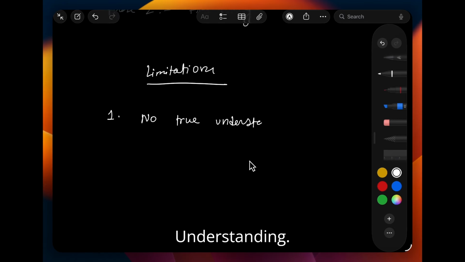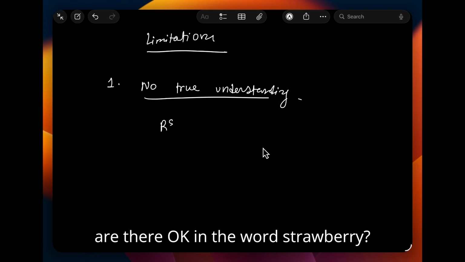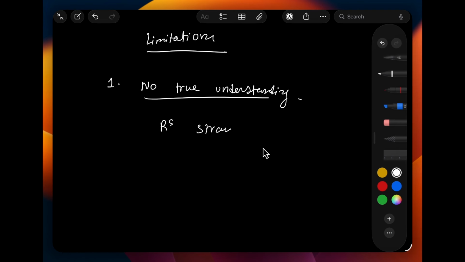It's not comprehending the answer for you. I'm giving you an Easter egg: try it on an LLM. Ask it how many R's are there in the word strawberry. It might fail because it never learned to count letters. It learned to predict the next pattern.